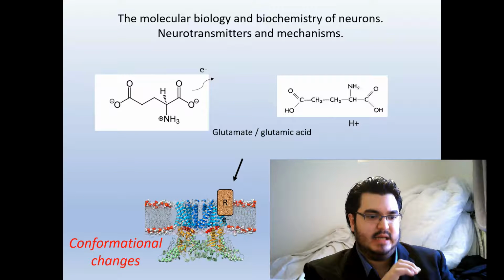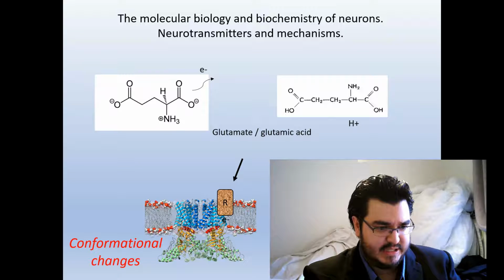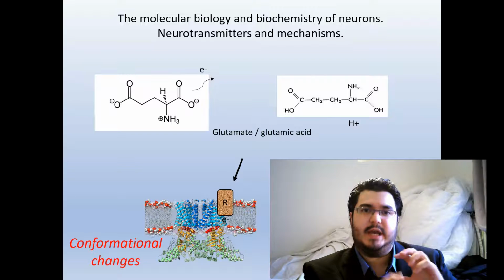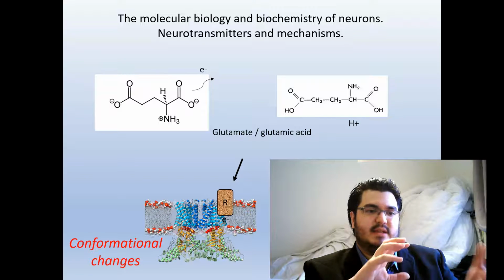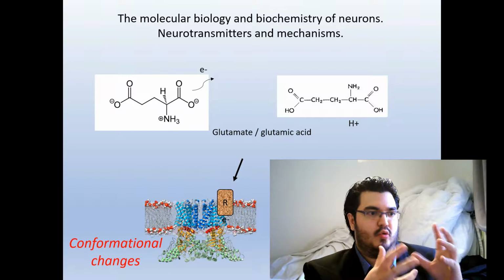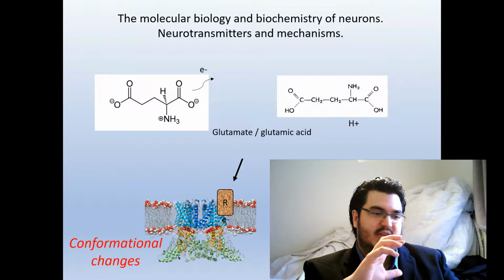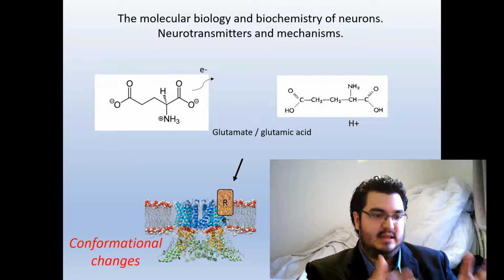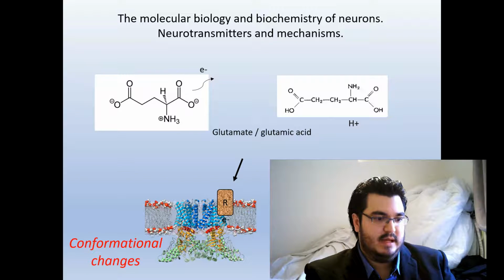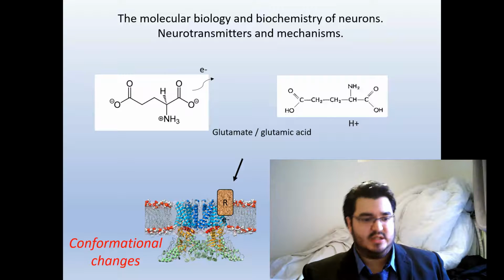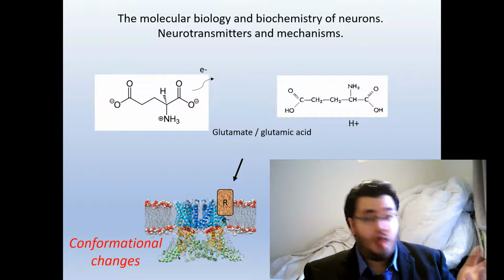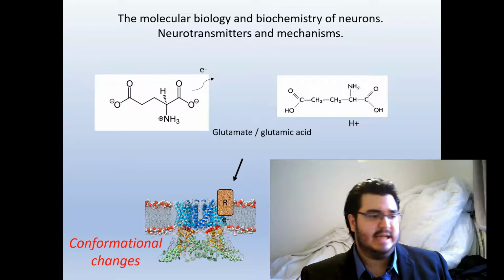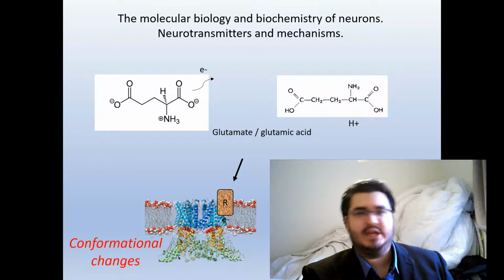In that protein there, it's an ion channel, for example. We have a structural change when there's binding, biochemical reactions, and a structural change in the functional ion channel. These are conformational changes, and in that example, it could open the ion channel. That's the molecular basis, and again, you have to follow the electron.